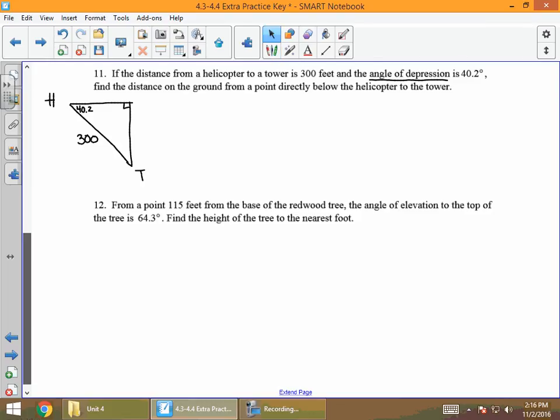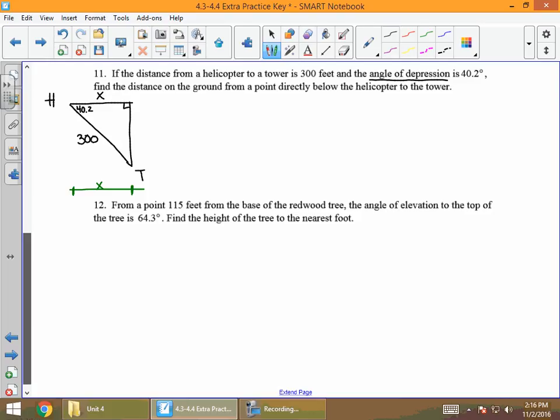Okay, so that would be from directly below the helicopter to the base of the tower. So this is the distance that I want to find, that X. Well, I can see for my triangle's sake that the X in green and the X up on top in black would be the same X value.